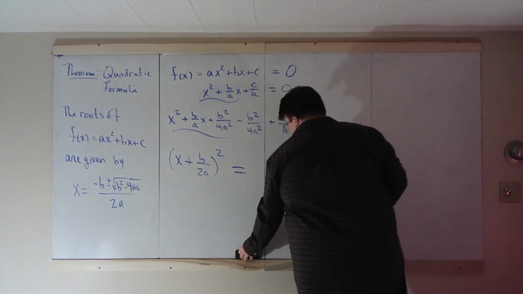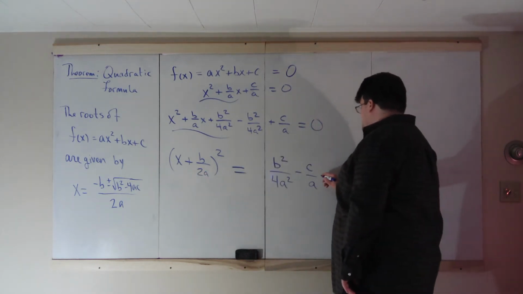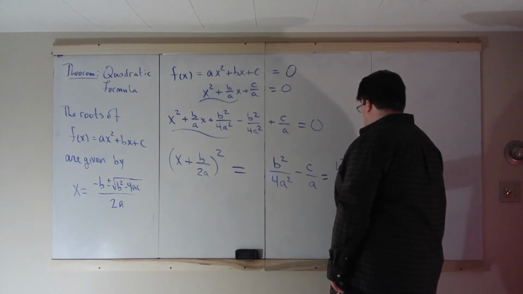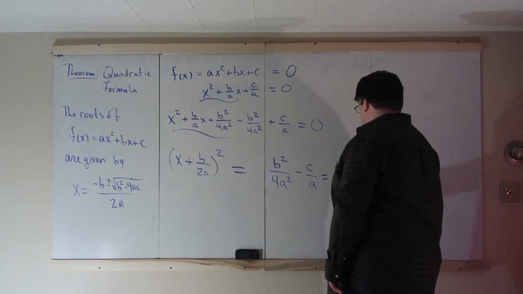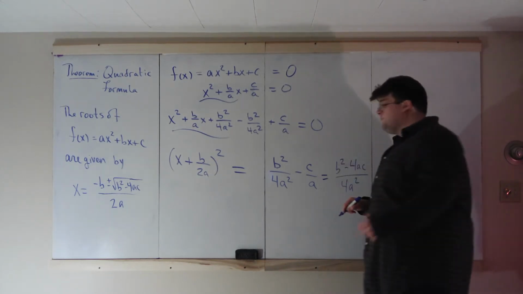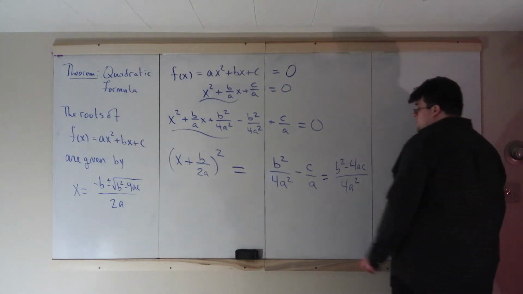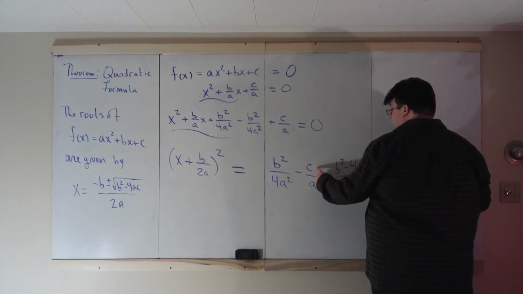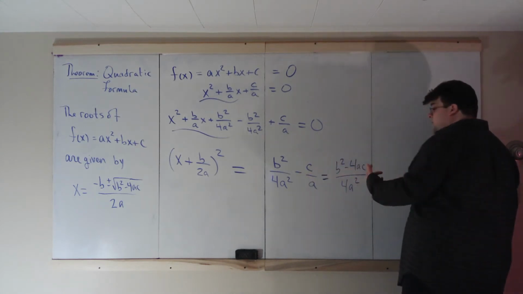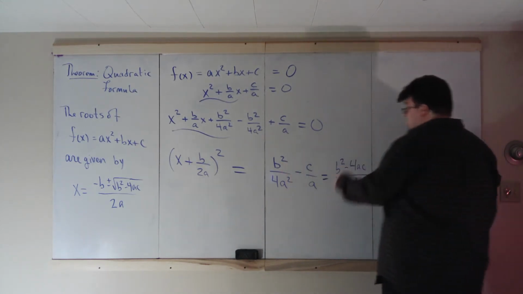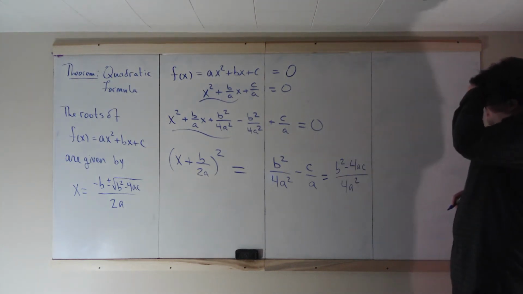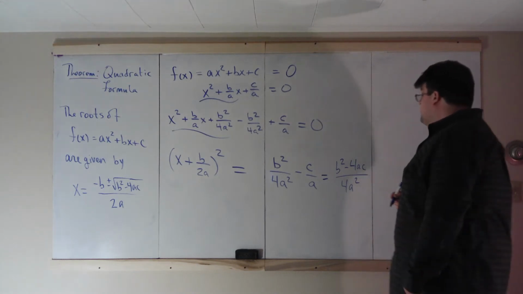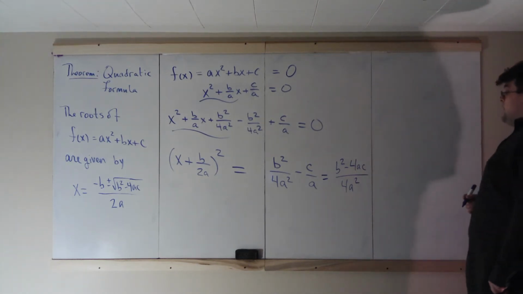Well, before dealing with that side, I'm just going to write this as a single fraction. A common denominator is 4a squared. So here we need a 4a, so put a 4a there. You need to put a 4a there. That gives you 4ac with a negative, gives you negative 4ac. B squared is b squared. So the right side simplifies to b squared minus 4ac all over 4a squared.